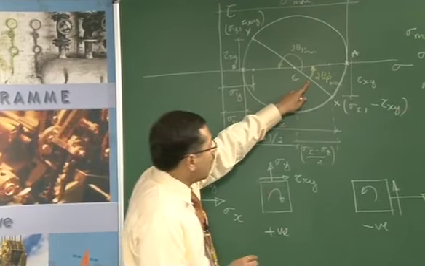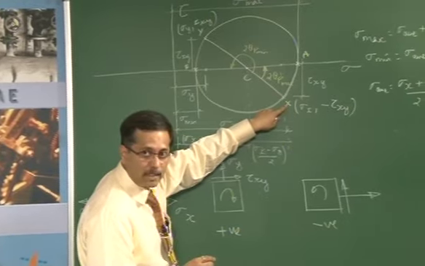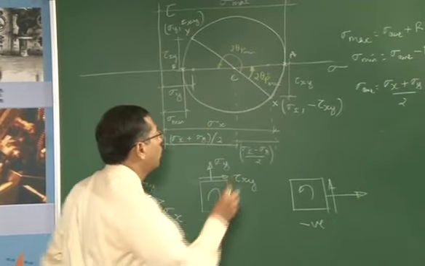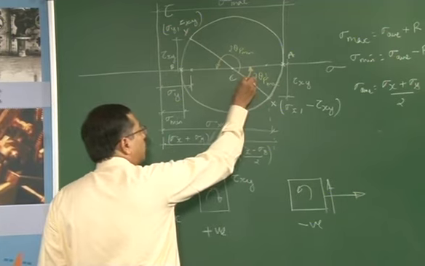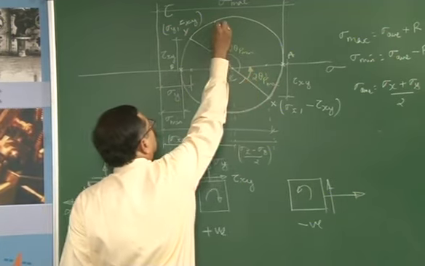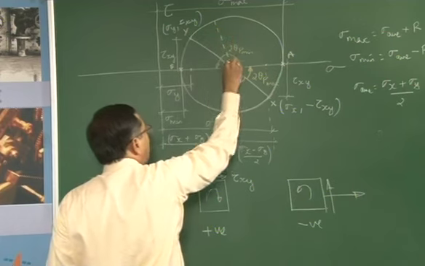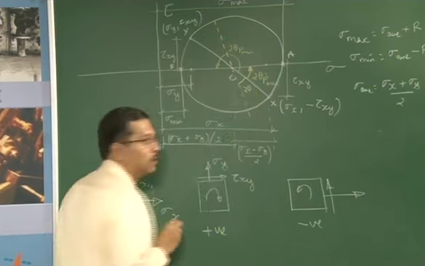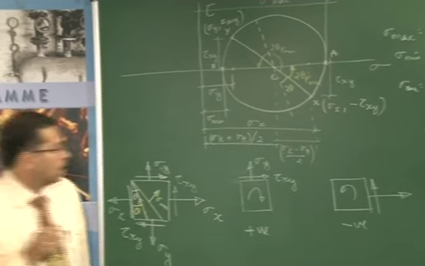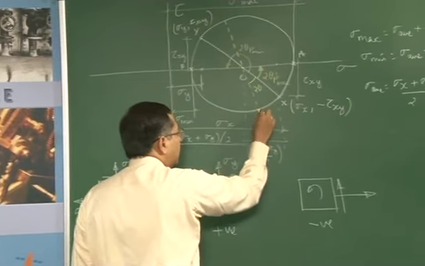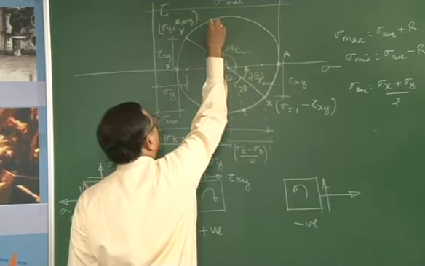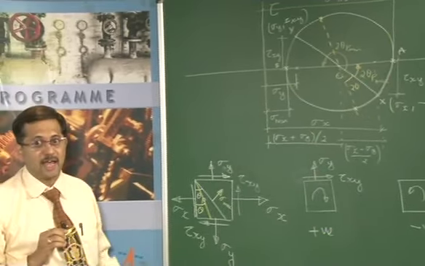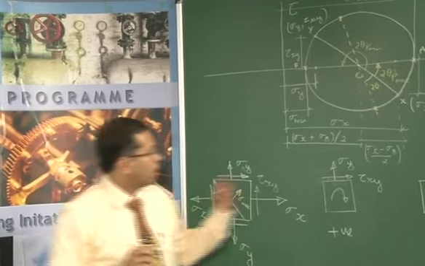The angle at which we need to find the normal stress and the shearing stress is theta. So, from Cx I have to draw a line at 2 times theta, so this angle corresponds to 2 theta. Wherever this line cuts the circle corresponds to the normal stress and the shearing stress acting on that plane.